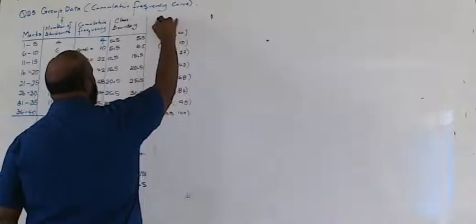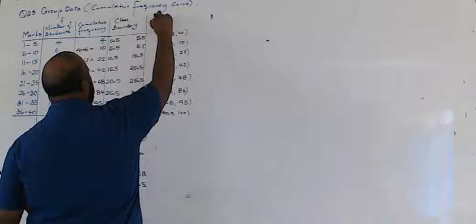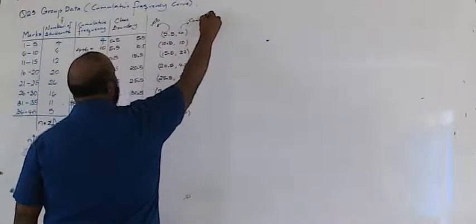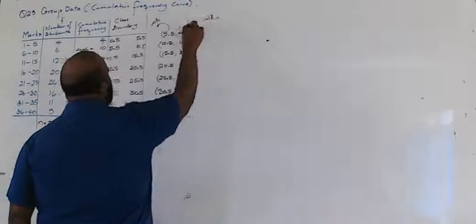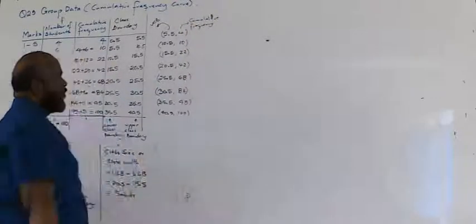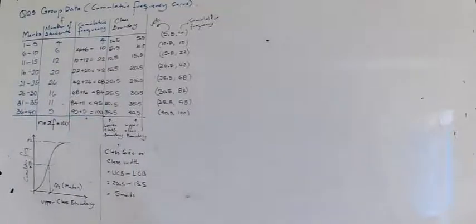These are the upper class boundary and the cumulative frequency. Those are the values you need to plot to get your cumulative frequency curve.